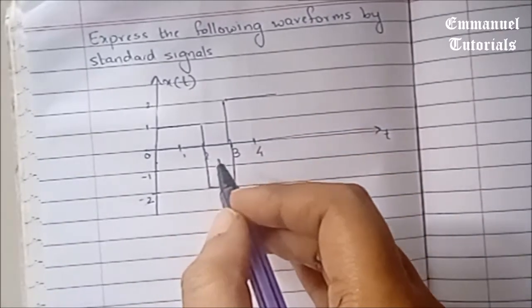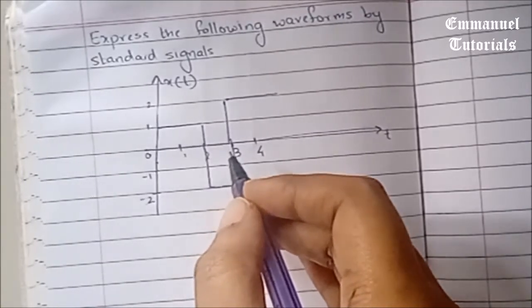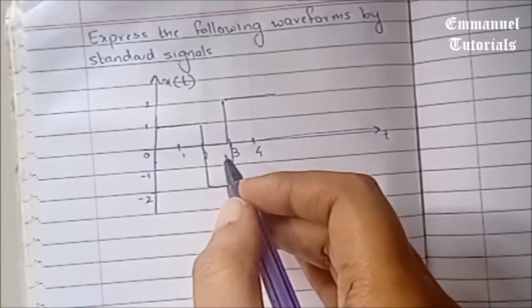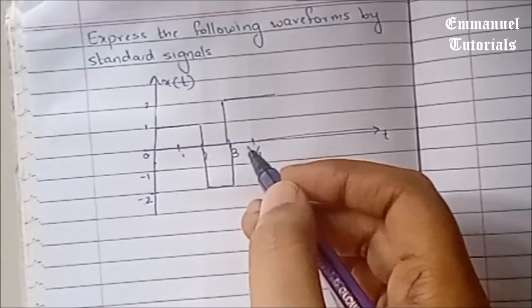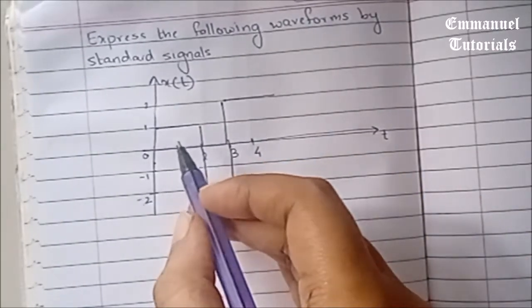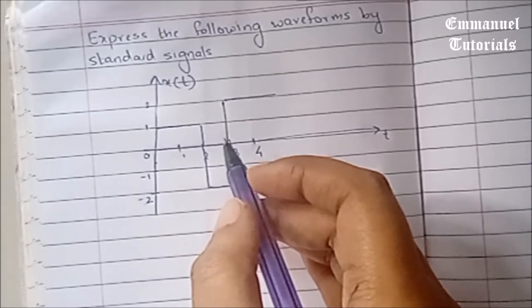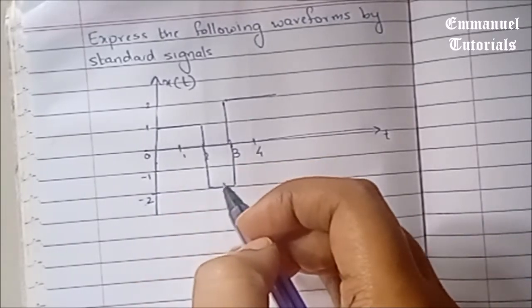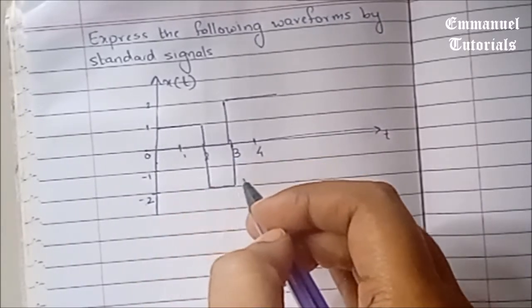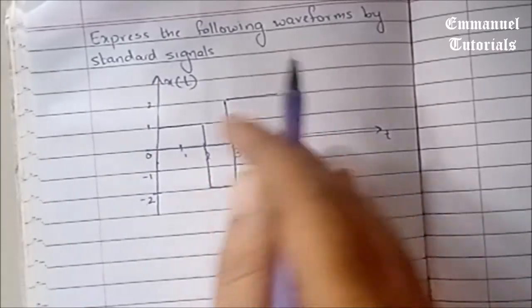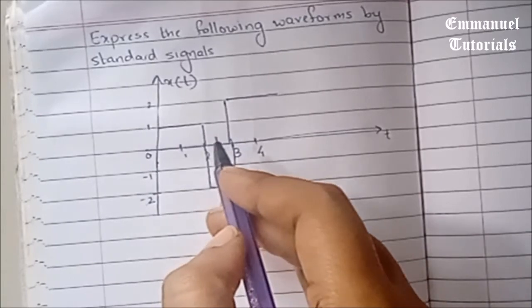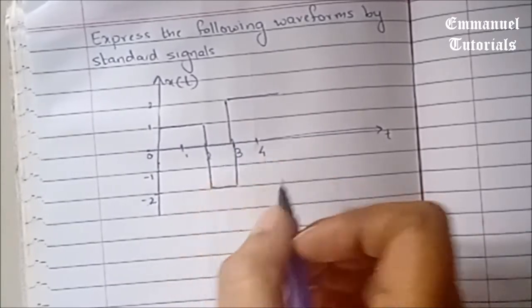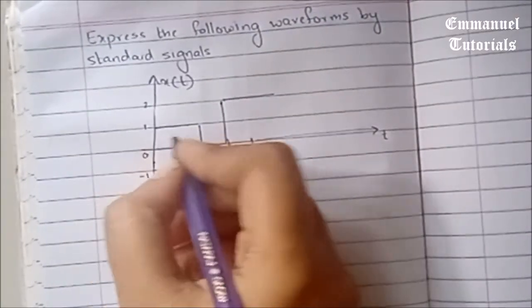If you see the standard signals that we have, unit ramp, unit impulse, unit step, and exponential is also used, or triangular signal, you can see that only unit step can be seen as a whole overall on this signal. So mainly here we'll be using unit step.